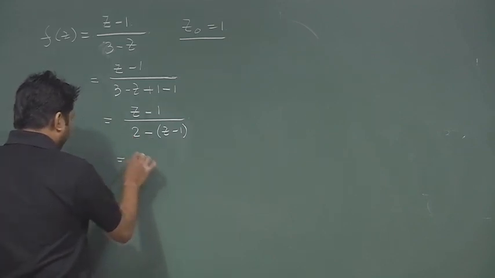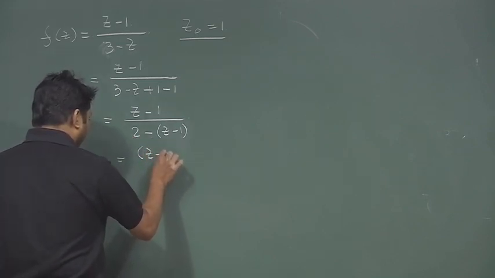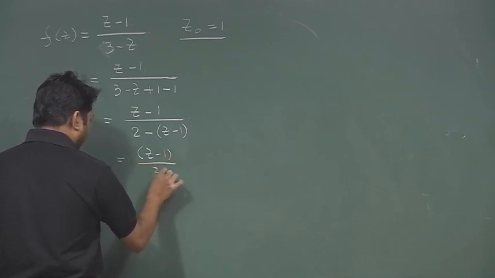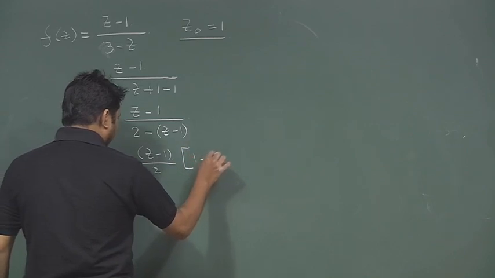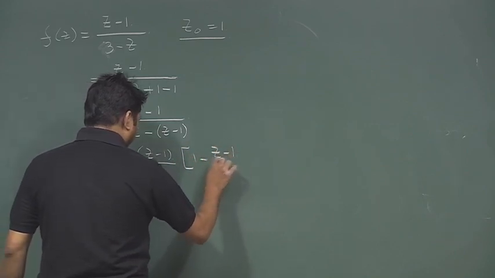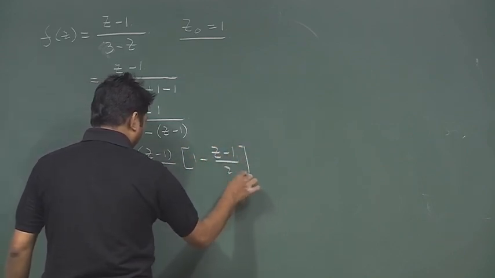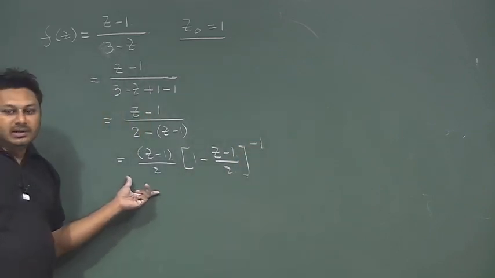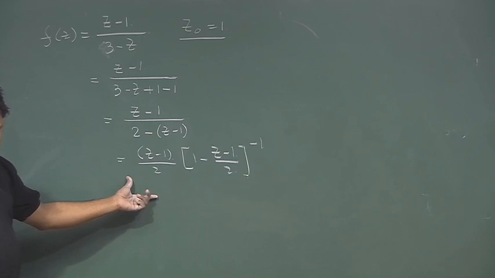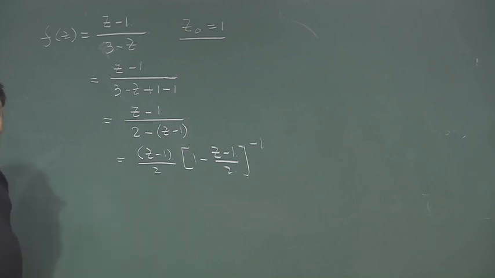Here z minus 1 is there, 2 is here. If I take these two common, then it will be 1 minus (z minus 1) by 2, whole to the power minus 1. The expansion will slightly change and it will be something like this.